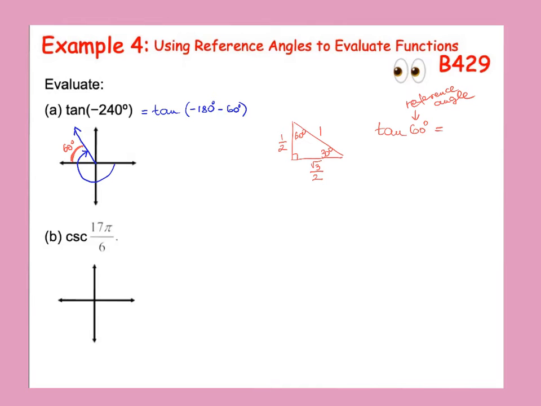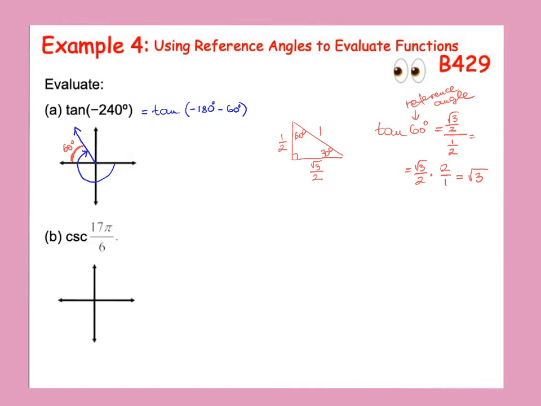So the opposite to the 60 is √3/2 divided by the adjacent side, which is 1/2. So the answer here is going to be √3/2 times 2/1, because dividing fractions is multiplying by the reciprocal. And if I simplify, I just get tangent 60 degrees is the square root of 3.